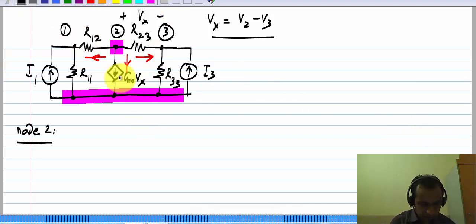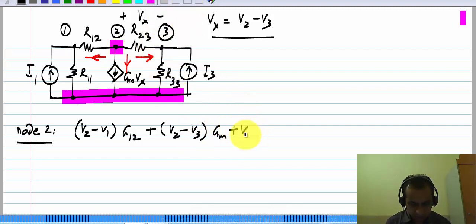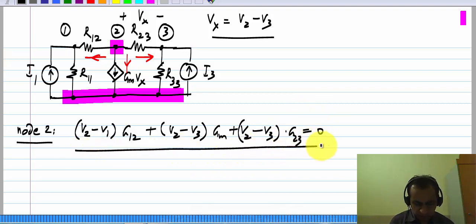The first one is V2 minus V1 times G12, and the current through Gm is basically V2 minus V3 times Gm, and the current through this is basically V2 minus V3 times G23, and the whole thing equals 0.